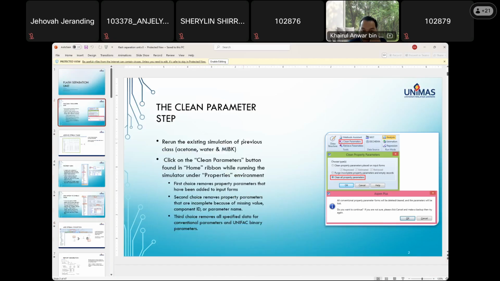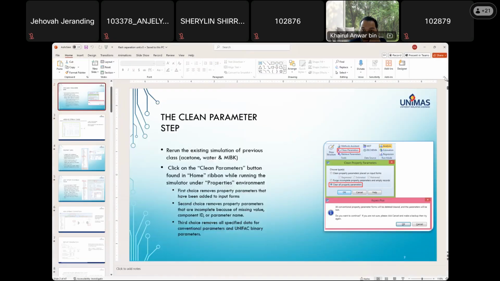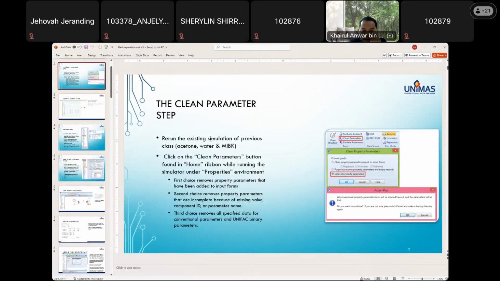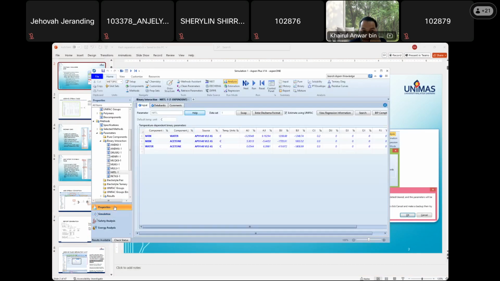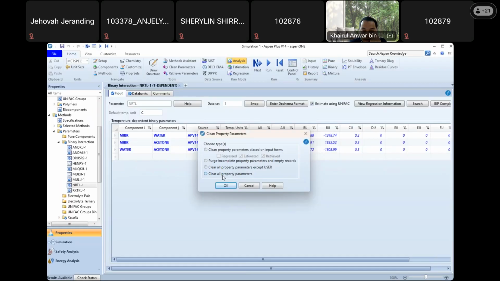So how to clean the parameters? Under tools, this is your toolbar. This is under properties. This one, clean parameter. Here, all parameters.